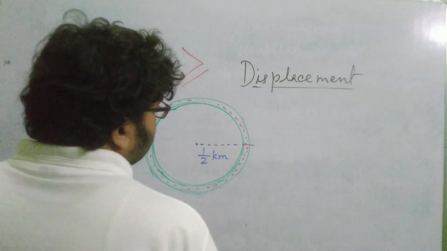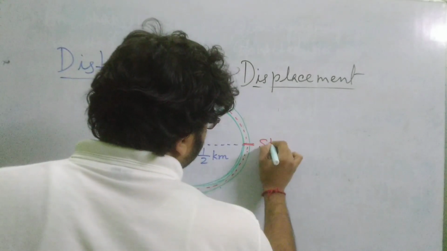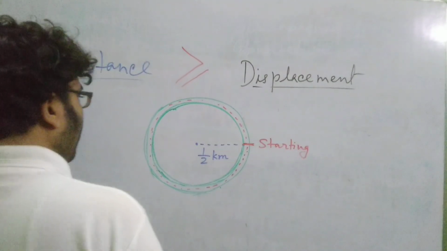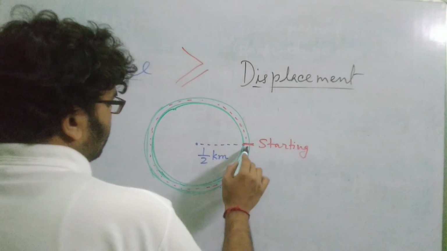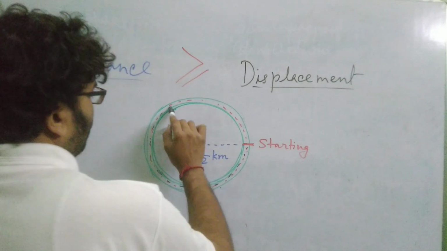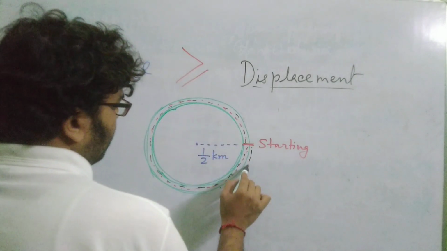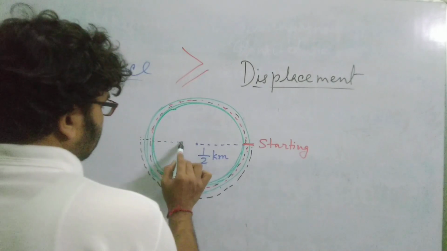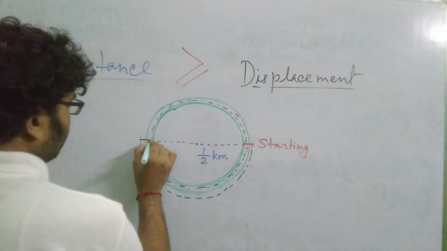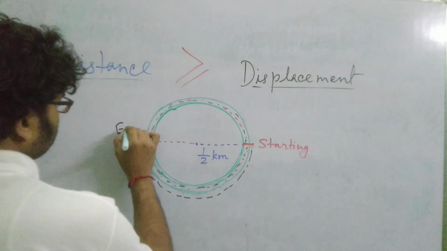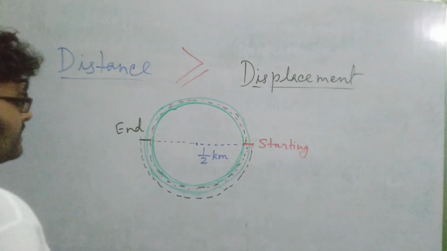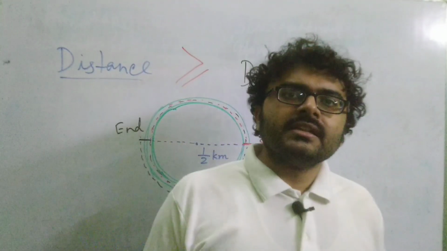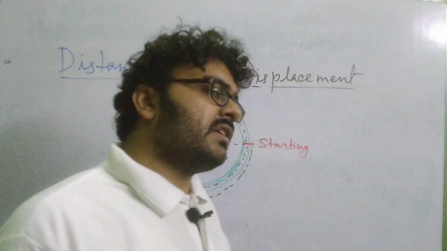The athlete starts from this point, the starting point, and goes around like this, one round and then another half round, and ends here. This is my end point. Now the question for you is: what is the total distance traveled by the athlete, and what is the total displacement of the athlete?